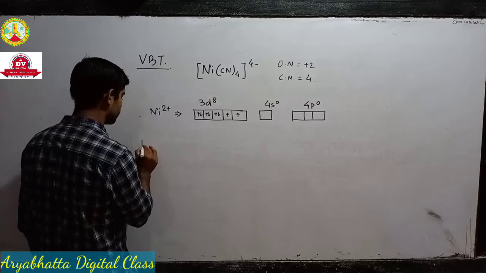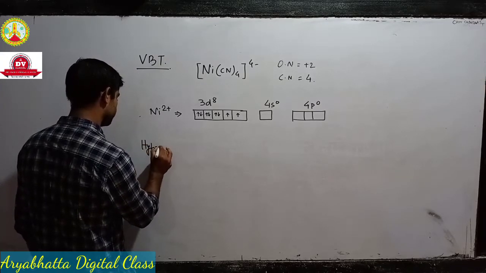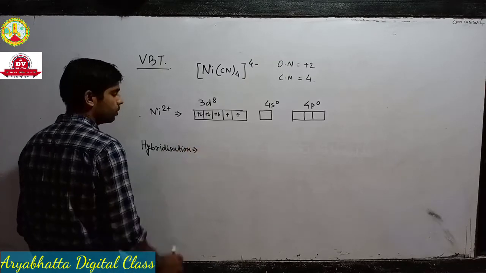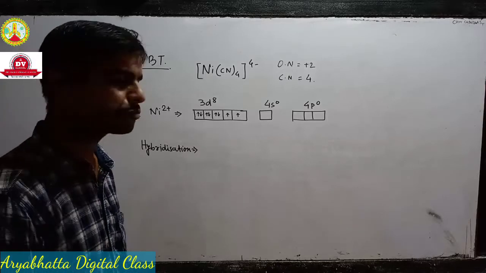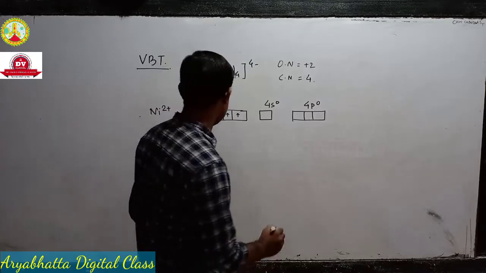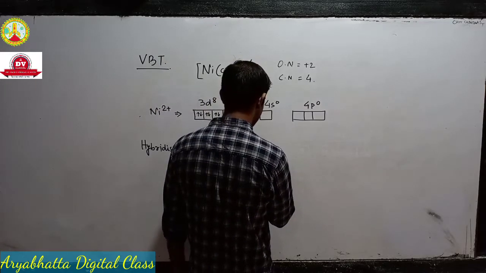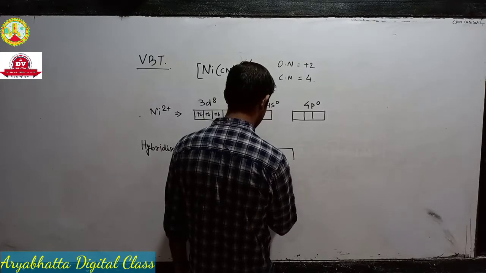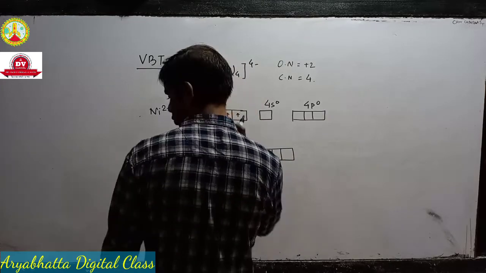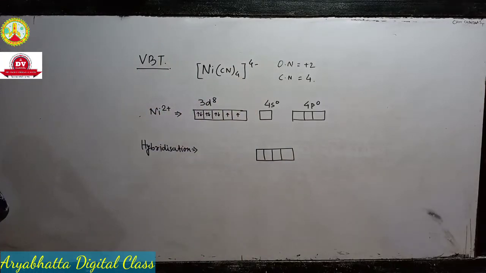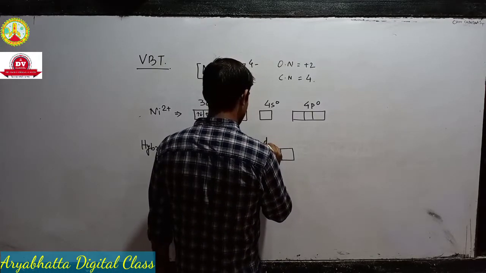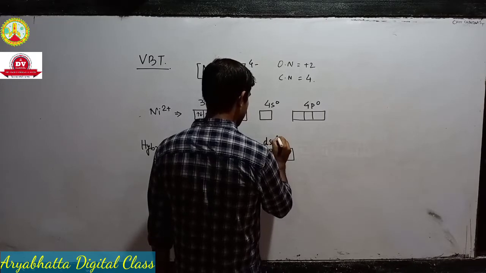Now let's go to the hybridization part. When we do the hybridization in Ni(CN)4, since the coordination number is 4, we need 4 hybrid orbitals. That's true, but this time one d orbital will come, so we get dsp2.